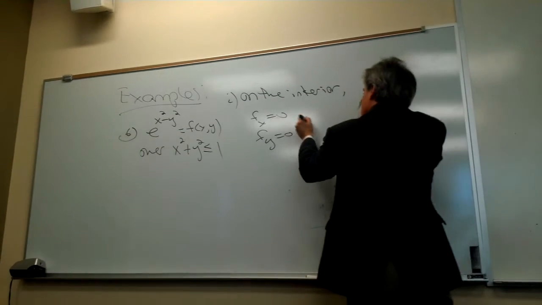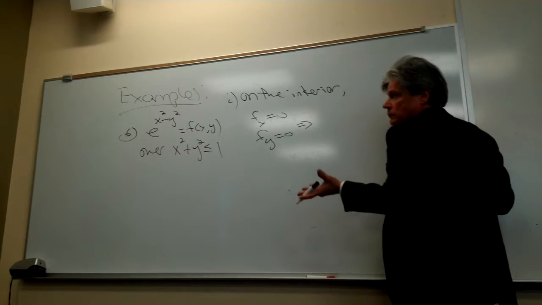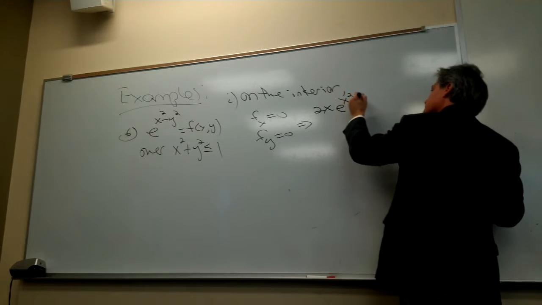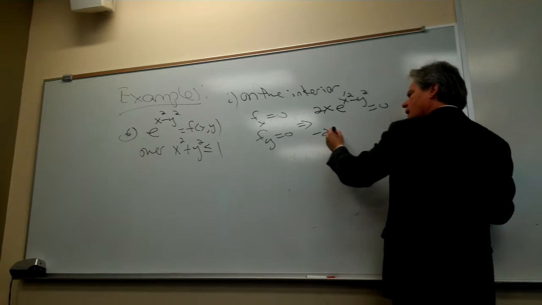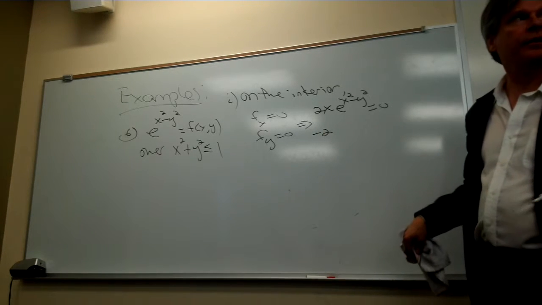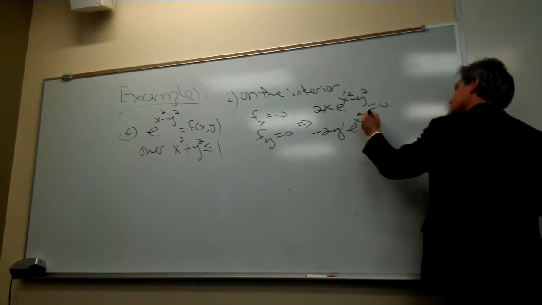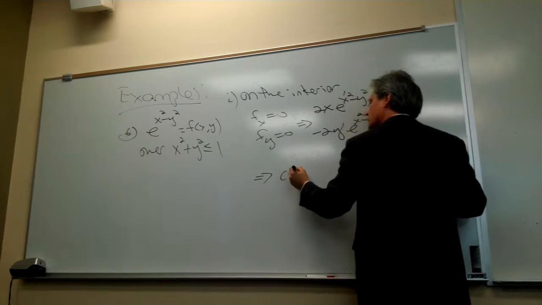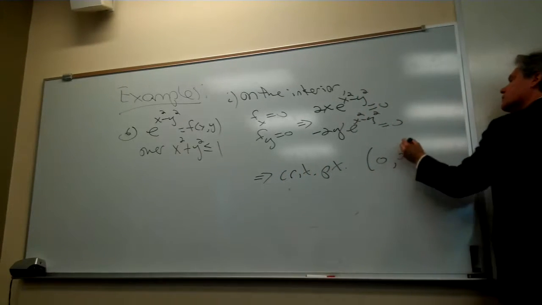And I think this gives me... Anybody? I think I said that poorly. I said or. I should have used a conjunct to connect to the word and. Do you guys think you can just cut to the chase? Yeah, I think the only critical point is going to be the origin.